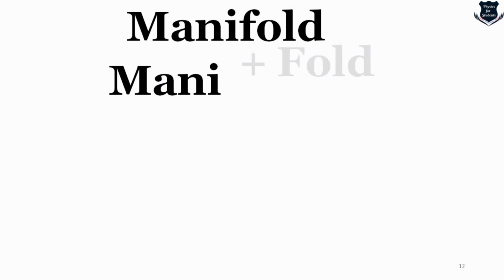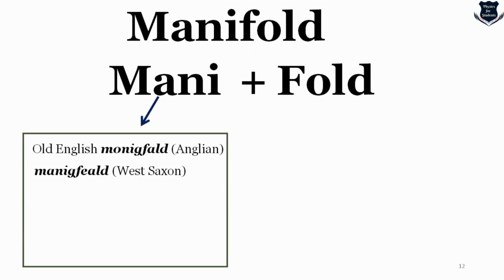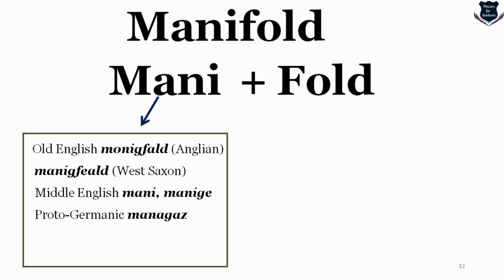Okay, so we see manifold comprises two words, many plus fold. The word many actually comes from Old English Anglian Monigfald, then the West Saxon Manifold, then Middle English many and maniage, Proto-Germanic mangas, Middle Dutch, and then German. I won't dare to pronounce the German word, it would be erroneous.